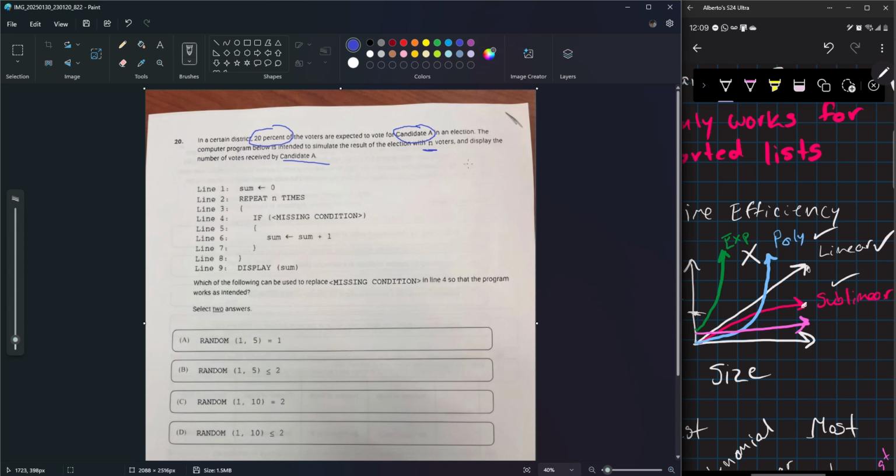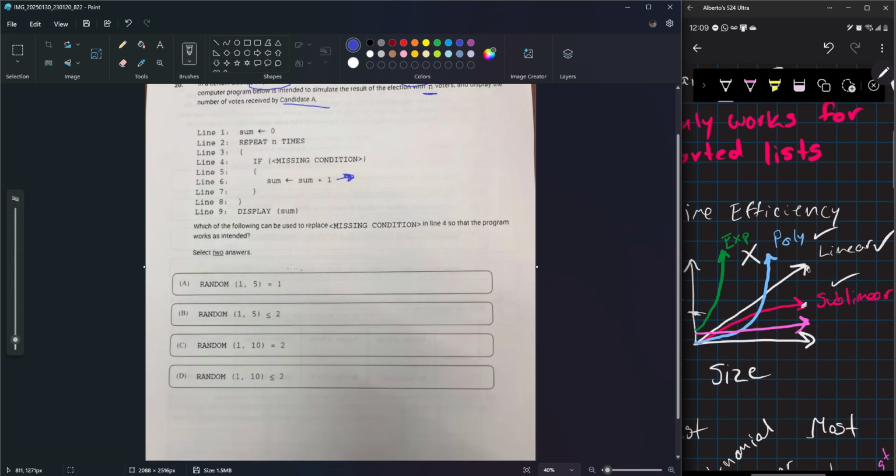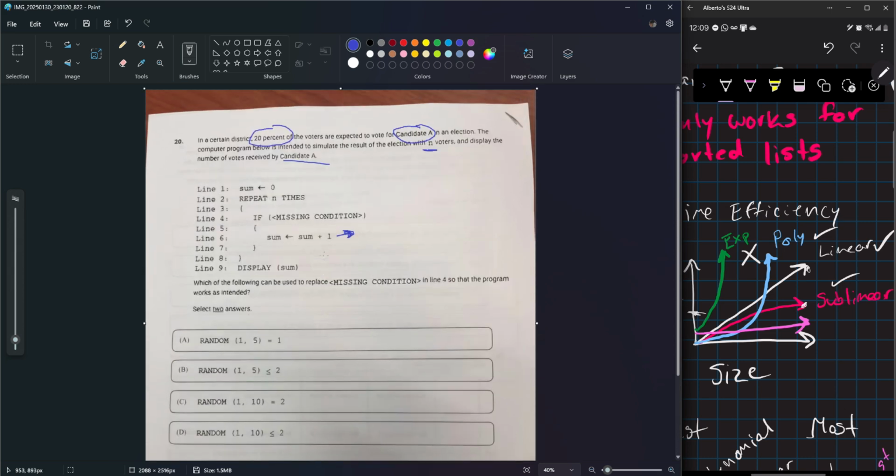So you want to count how many votes candidate A had. So that's what this sum should have. This should start counting the number of votes for candidate A.